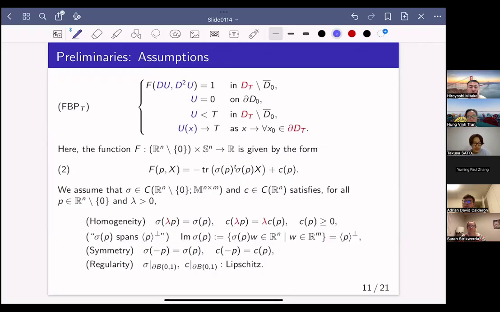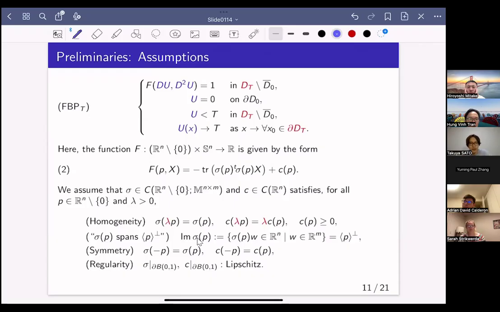And from the viewpoint of the geometric phenomena, the second condition means that the roof shape determined by anisotropy sigma is strictly convex.